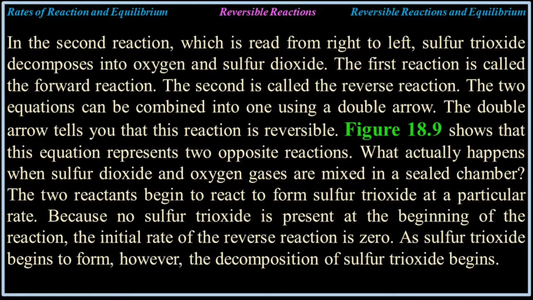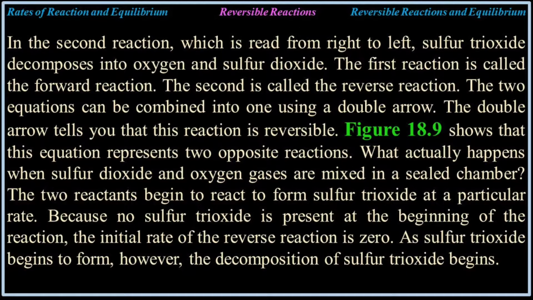What actually happens when sulfur dioxide and oxygen gases are mixed in a sealed chamber? The 2 reactants begin to react to form sulfur trioxide at a particular rate. Because no sulfur trioxide is present at the beginning of the reaction, the initial rate of the reverse reaction is 0.